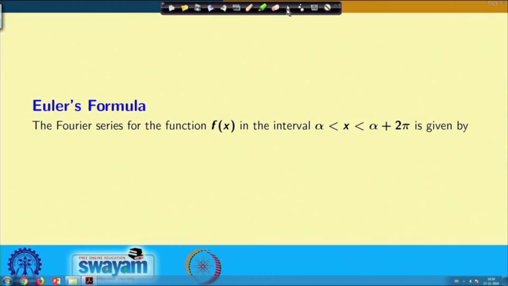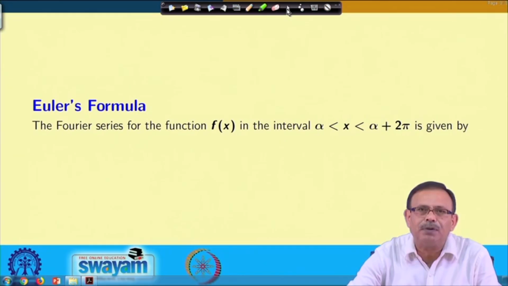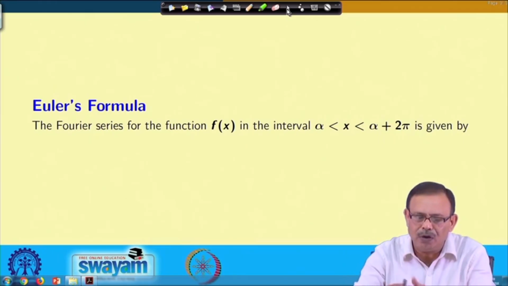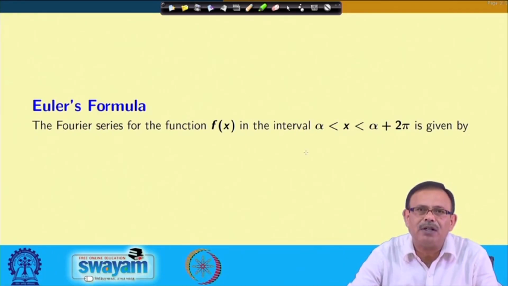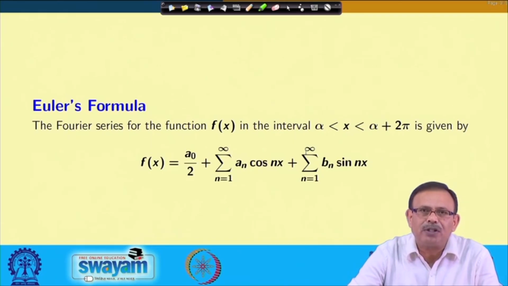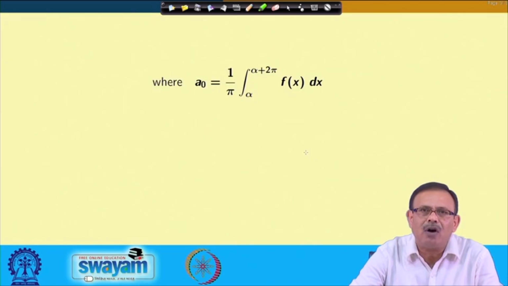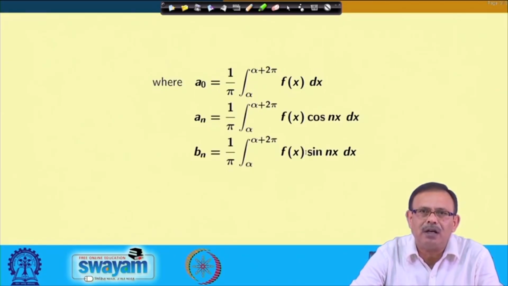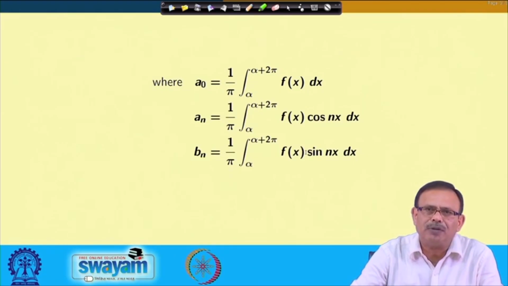So, f(x) equals a0 by 2 plus summation n equals 1 to infinity a_n cos nx plus summation n equals 1 to infinity b_n sin nx, where a0 is this, a_n is this and b_n is this one.